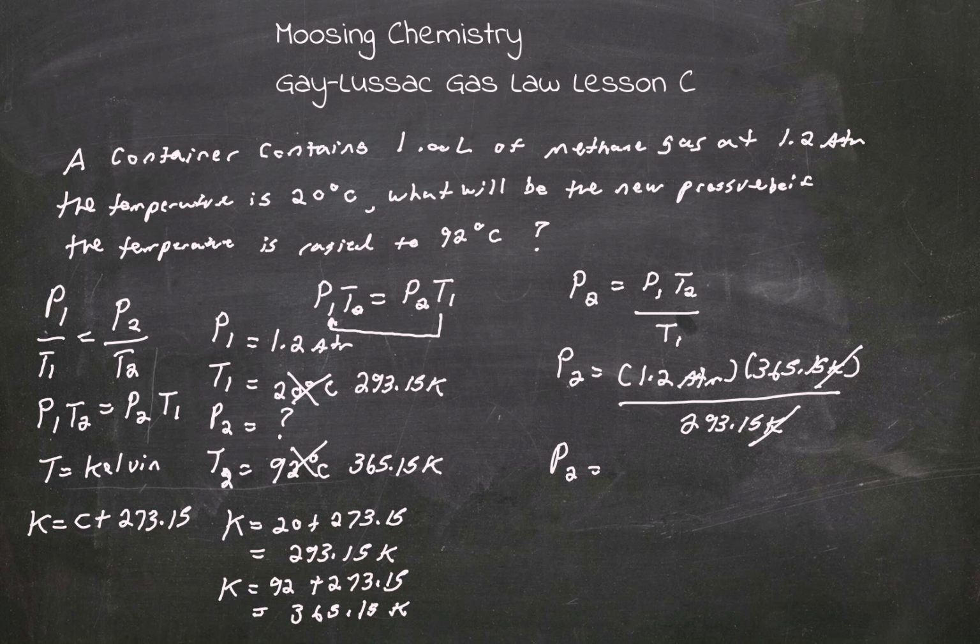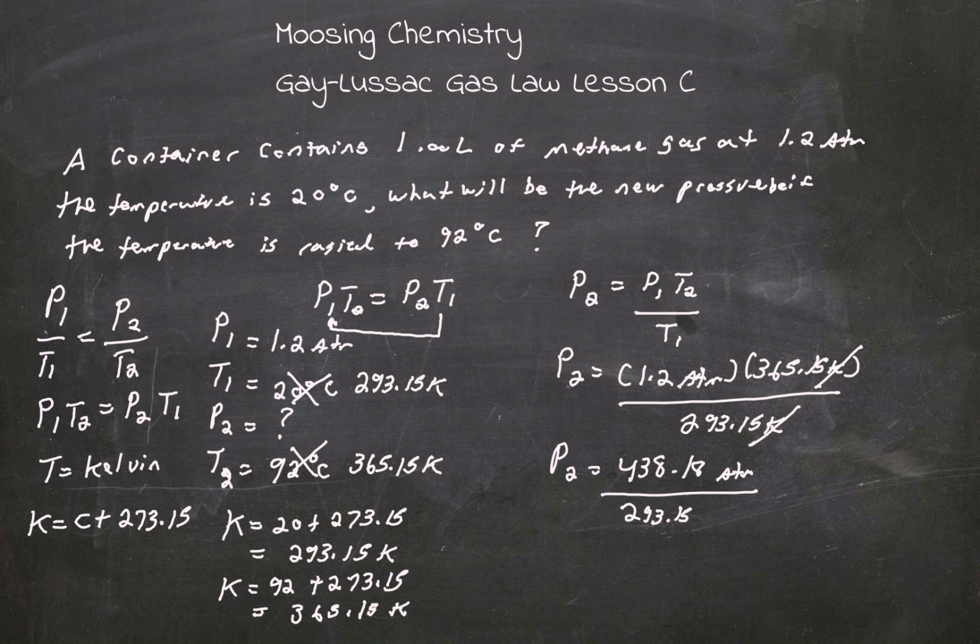All right, so we get 1.2 times 365.15, and that's going to give me 438.18 atm on top, divided by the 293.15 on the bottom.